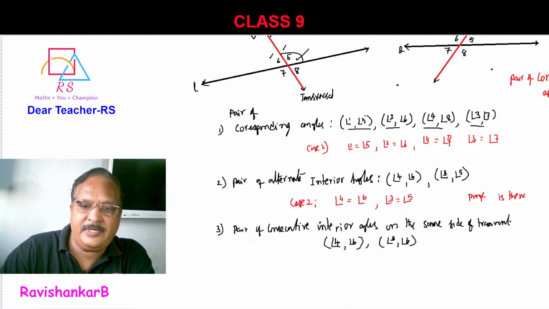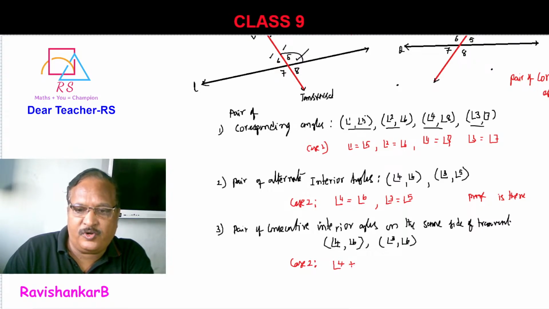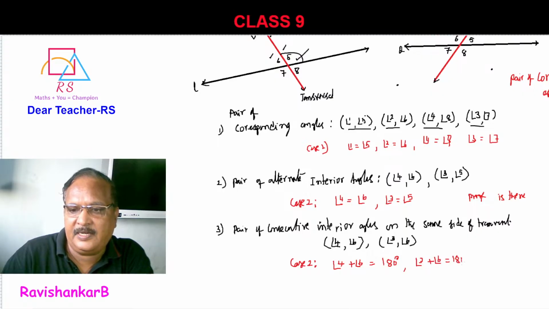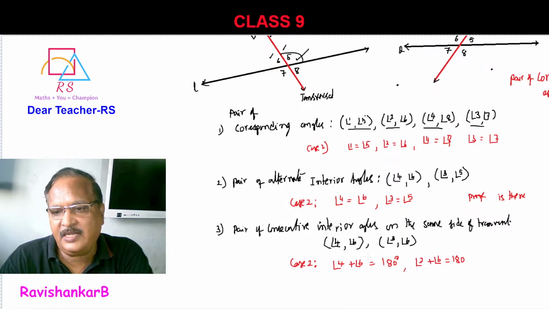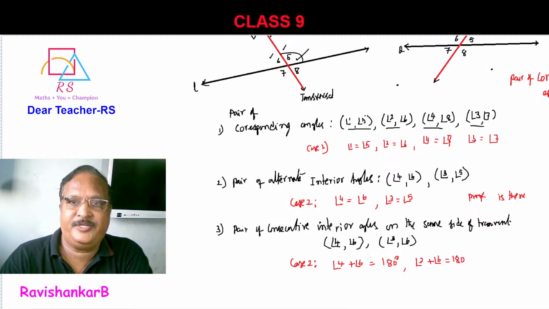So what happened in case 2? In case 2, these two angles form a linear pair. Angle 4 plus angle 6 is equal to 180 degrees. And the same way, angle 3 plus angle 6 is equal to 180 degrees. That means if the two lines are parallel, consecutive interior angles on the same side of the transversal are supplementary.